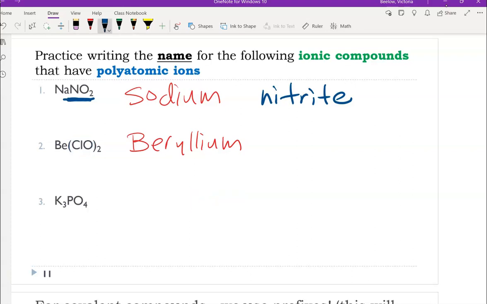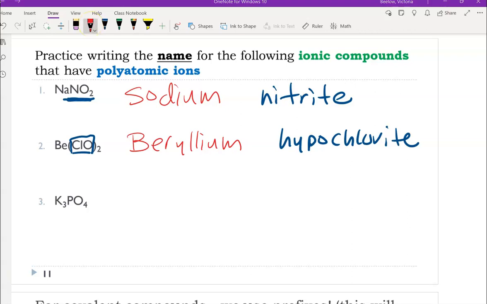But what you want to notice, the 2 is on the outside. So this is not beryllium chlorite. Rather, this is beryllium hypochlorite. Because you want to pay attention to what is inside of the parentheses, which is ClO. And on the back of your periodic table, that is hypochlorite.